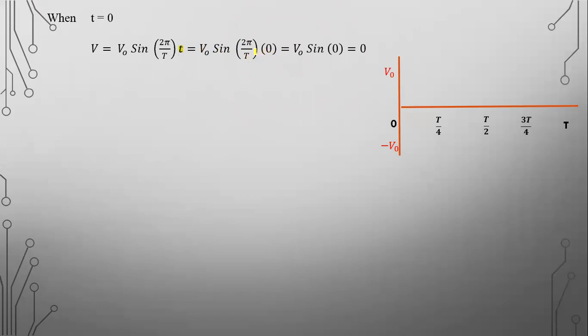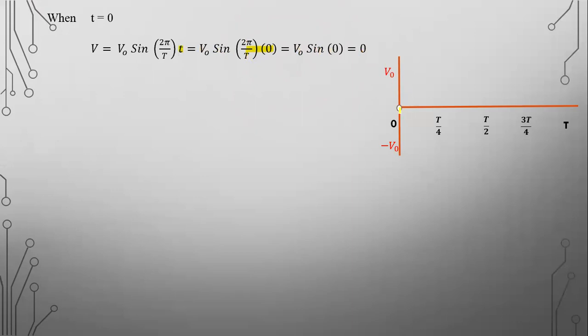After multiplying with 0, this whole factor becomes equal to 0. Hence, sine 0 we know is 0. So V becomes equal to 0 at this instant. So when t is equal to 0, the value of alternating voltage is 0.